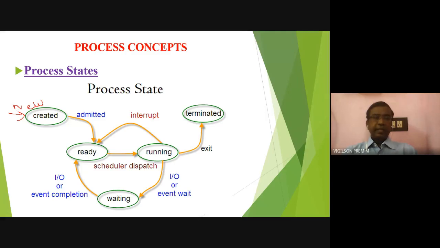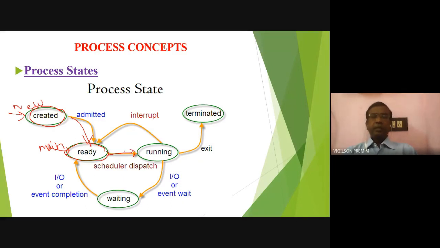Once the operating system feels it can be considered, it will be moved to the ready state. This ready state is in main memory. Ready state means once the CPU is free, this process is eligible to get the CPU. That is admitted.